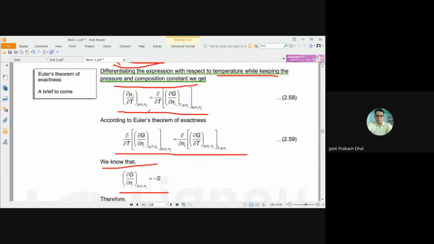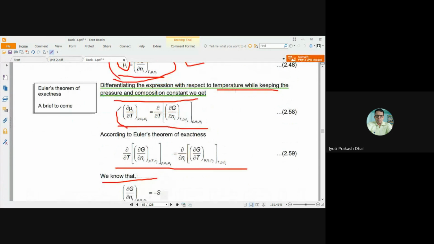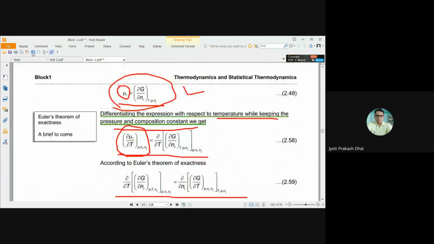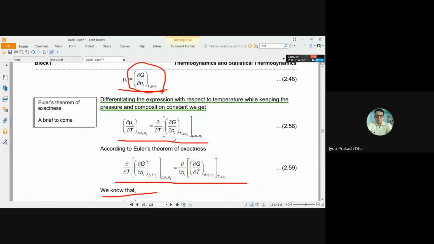Then the LHS will become del mu i by del T at constant P and constant number of moles of all components, which equals, if you take the derivative with respect to T on the RHS, del by del T of this term.